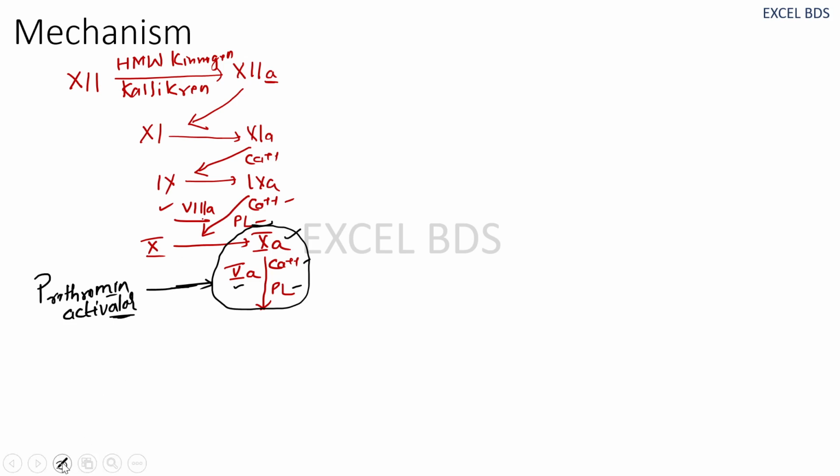Let's try and understand what is going to happen with the extrinsic pathway. What is it which is going to activate the extrinsic pathway? The extrinsic pathway is activated whenever there is damage to the tissue, and damage to the tissue releases a substance called tissue thromboplastin.